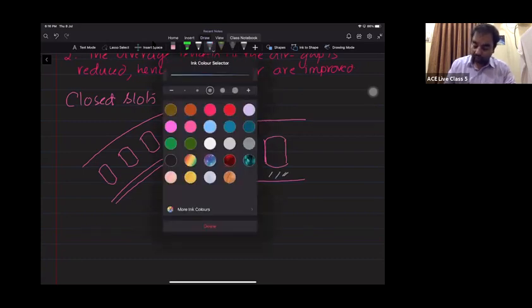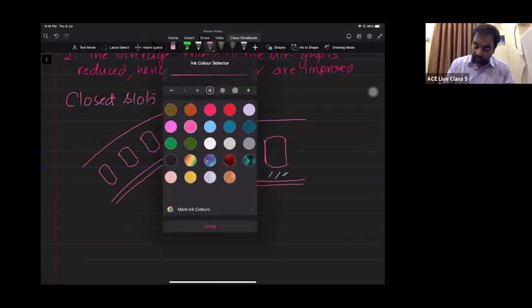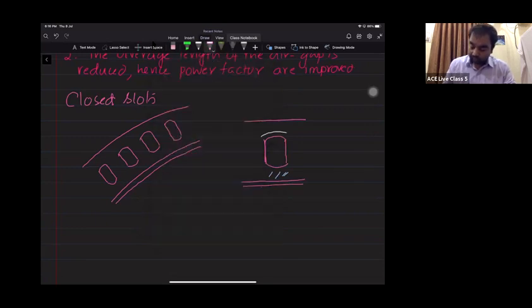Whereas it is a core, then most of the flux lines will try to take that core only instead of traveling the air gap and coming back. So one or two flux lines will be taking the other path. See, no flux lines will get overlap.